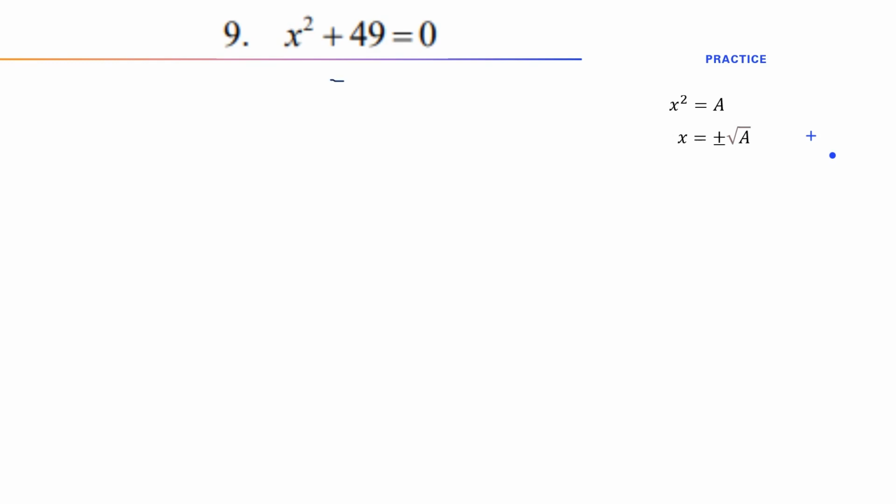Now we subtract 49 from both sides. And this is number 1, square root property. Yes. Subtract 49 from both sides. On the left side, we are left with x squared equals minus 49.